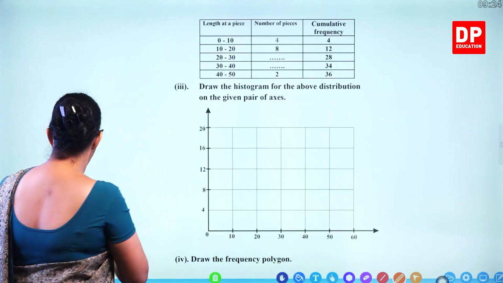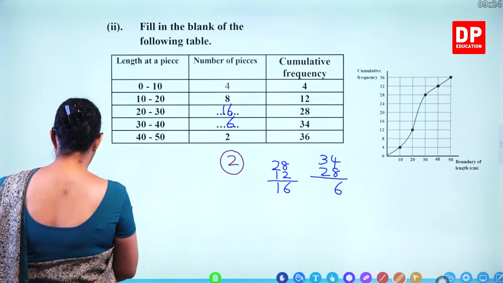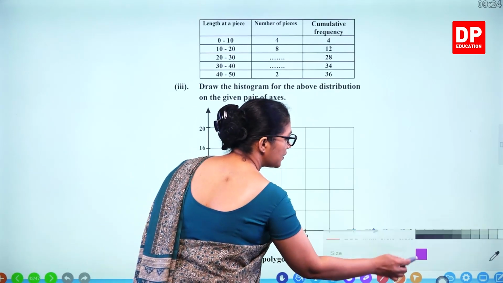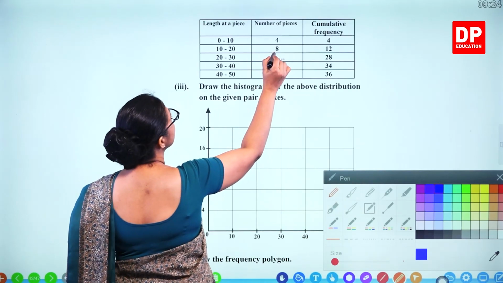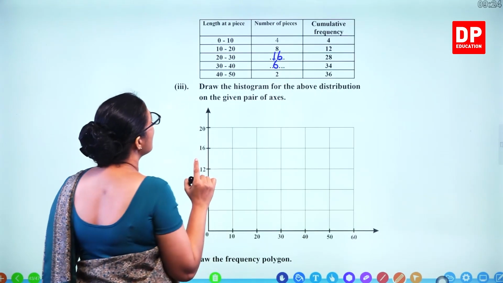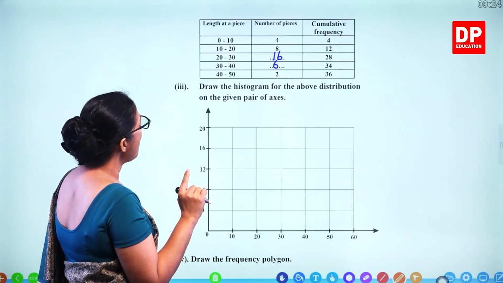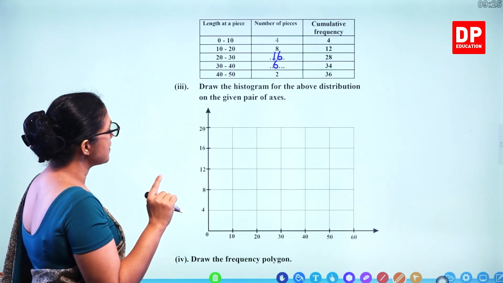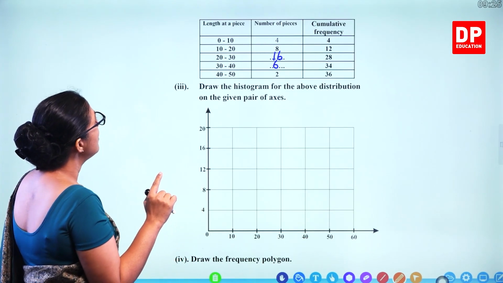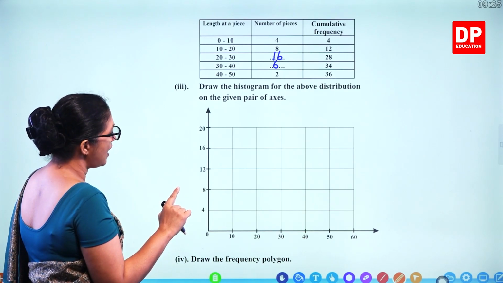Then the next one we found 16 and 6 there. So, we will fill that first. Draw the histogram for the above distribution on the given pair of axes. So, here this is length of piece.